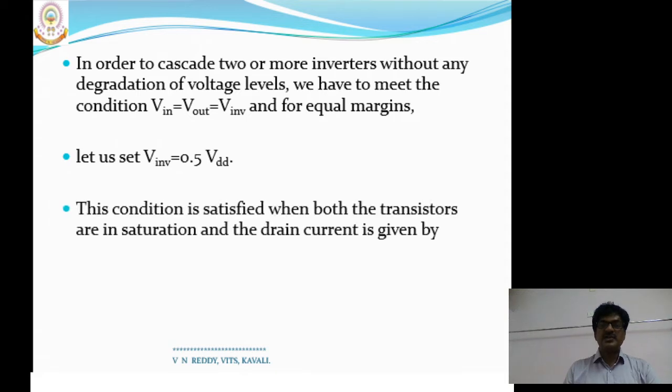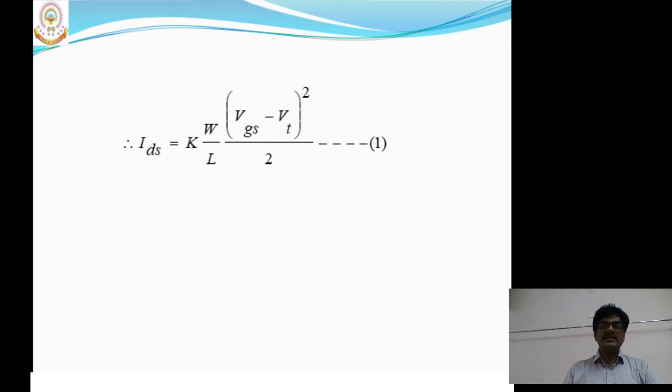To satisfy this condition, both the transistors of the inverter operate in the saturation region, so the current for the pull down transistor and pull up transistor is given by like this. You all know that in the saturation region, the current equation is IDS equal to K W by L into (VGS minus VT) whole square divided by 2. This is the generalized expression for the saturation current.